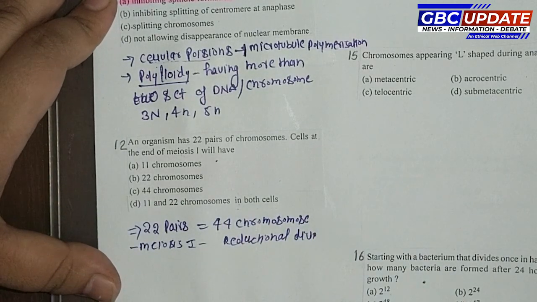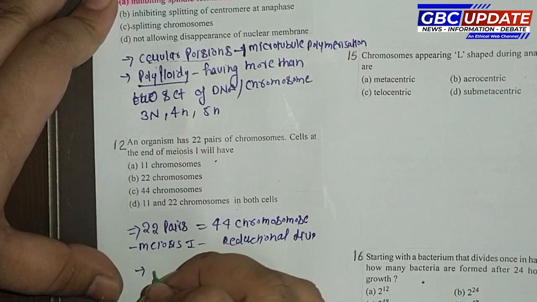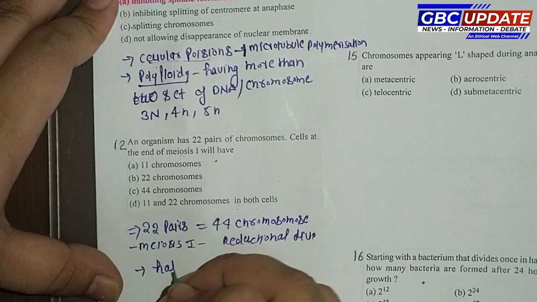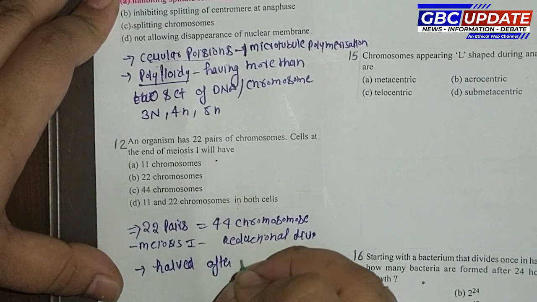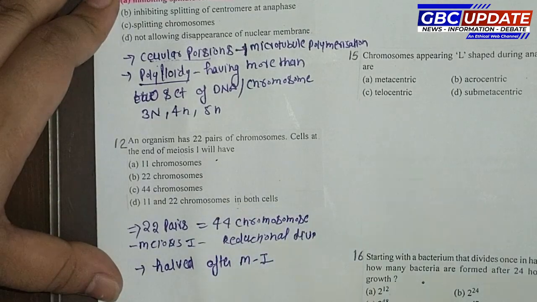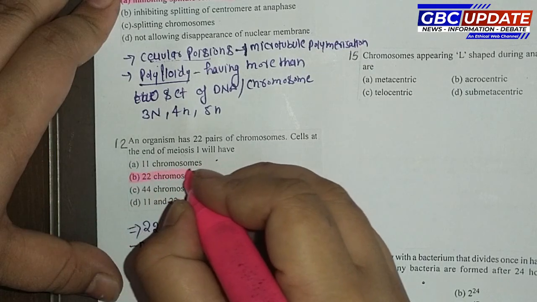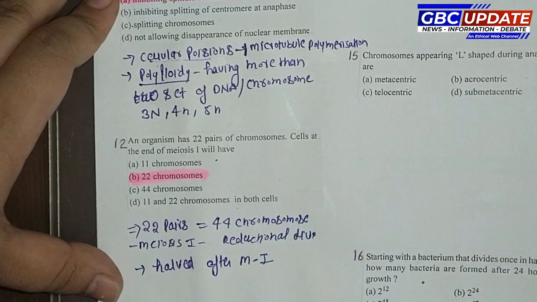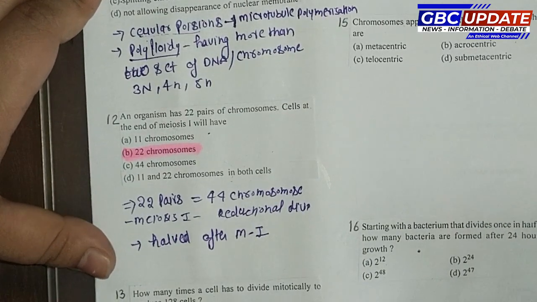If an organism has 44 chromosomes, after meiosis 1 these get halved. That is why the answer is 22 chromosomes; after meiosis 1, each cell has 22 chromosomes. Answer is B.